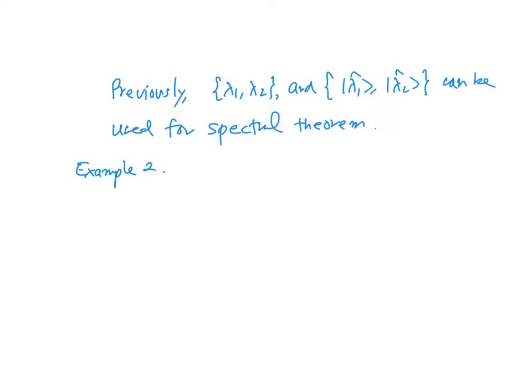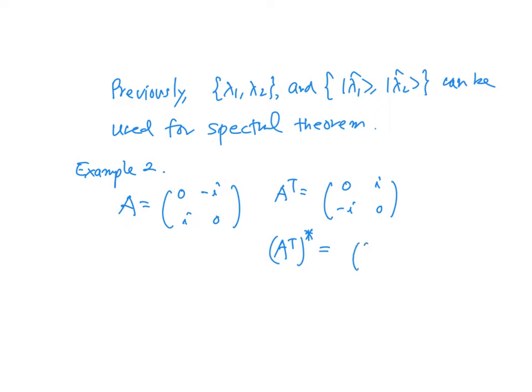Another one is a bit more complex. So the Hermitian transpose of (0, -i; i, 0) gives back A. So this matrix is also Hermitian.